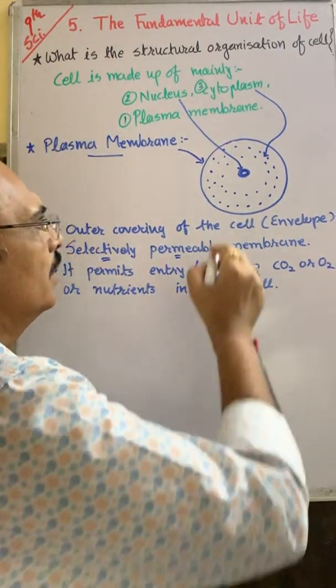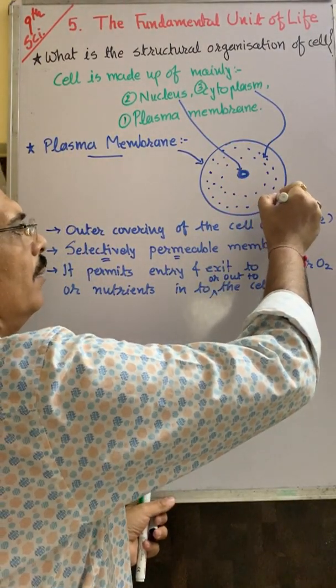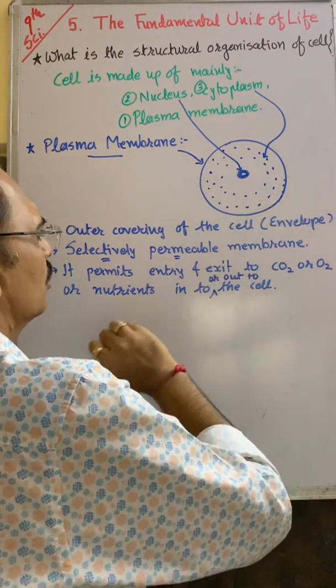Permeable membrane means it contains pores on it.